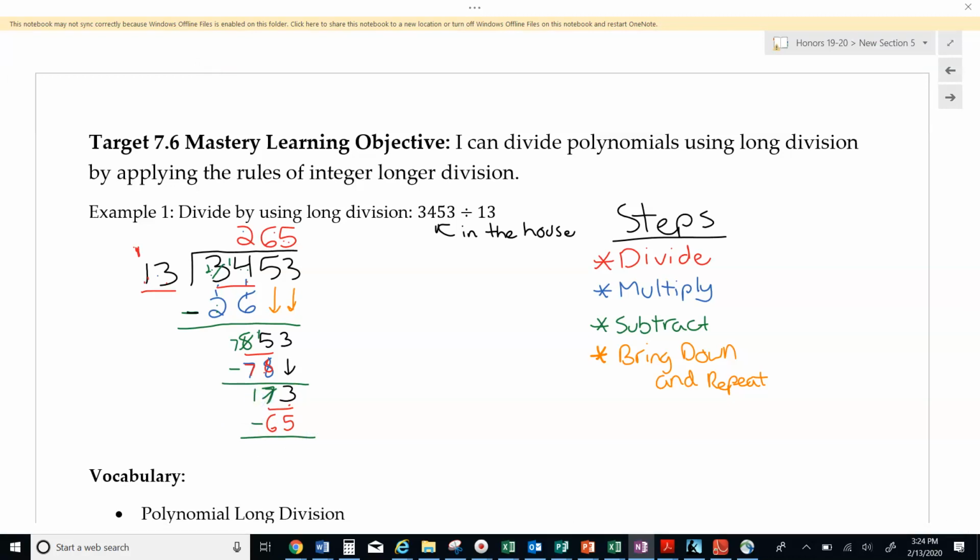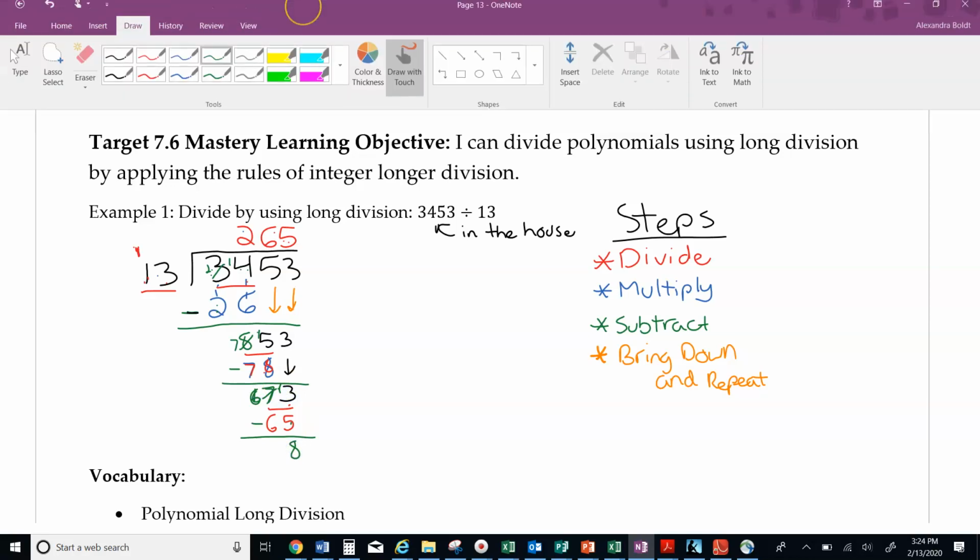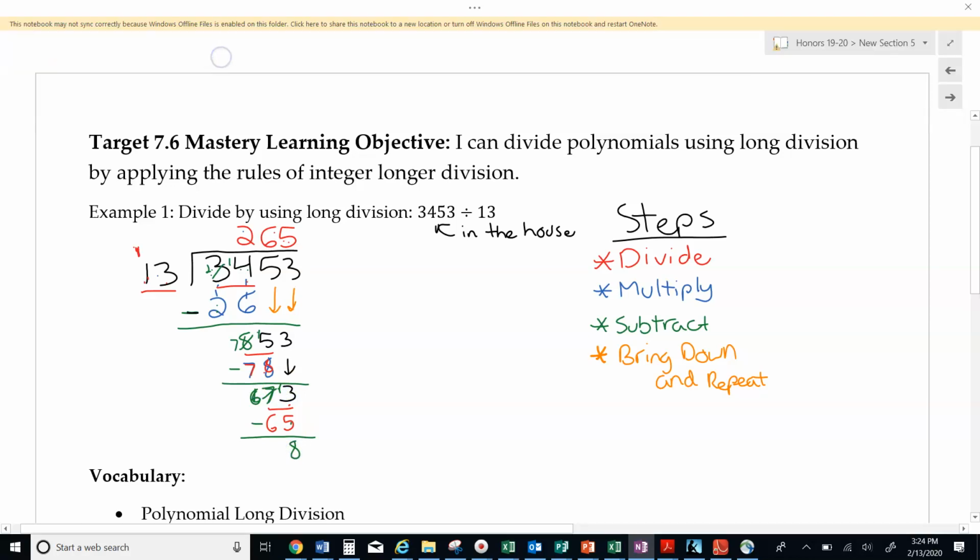Borrow 1. 13 minus 5 is 8 and nothing. Now 13 can't go into 8, and this becomes our remainder. So 3,453 divided by 13 is 265 with a remainder of 8.